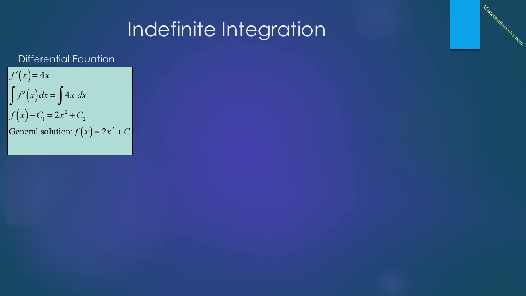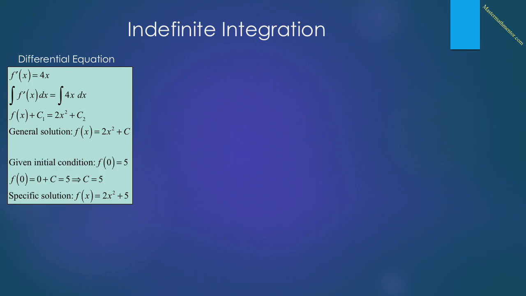So we say that our general solution to the differential equation is f of x is equal to 2x squared plus c. We call this a general solution because in reality it represents an infinite number of solutions, because any value c would make the statement f prime of x equal to 4x correct.